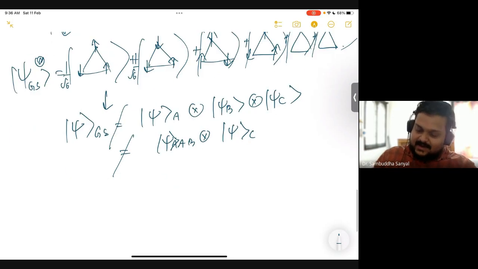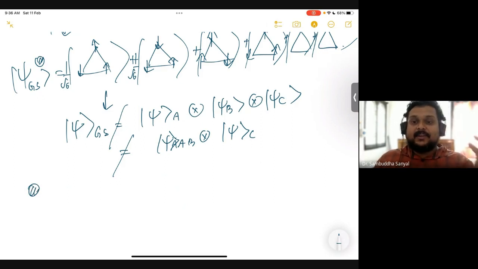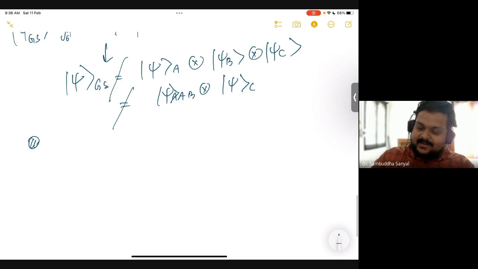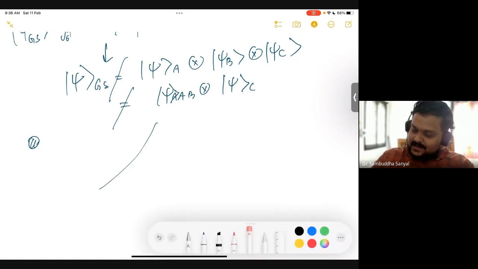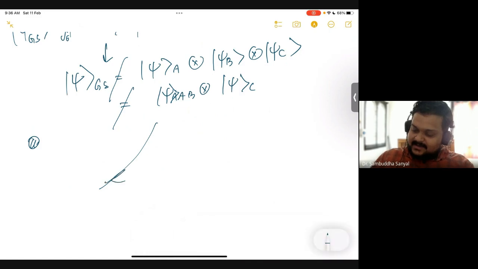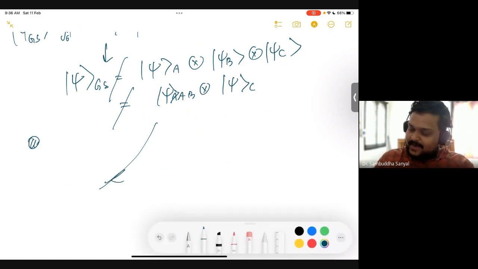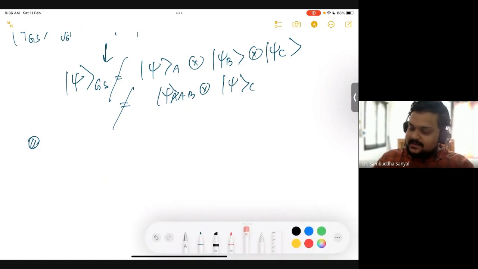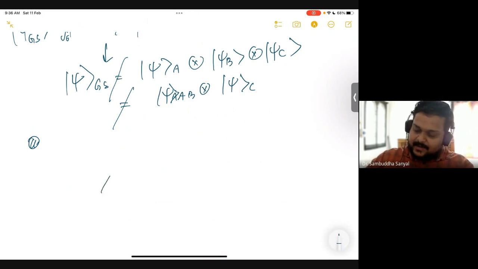Now imagine in a solid state system, in a real material, there are 10 to the power 23 such atoms. And let's say you have a triangular system like this. No, sorry. Let's say you have a lattice like. There are many systems like this. There are paramagnetic salts and minerals which has this kind of a property.